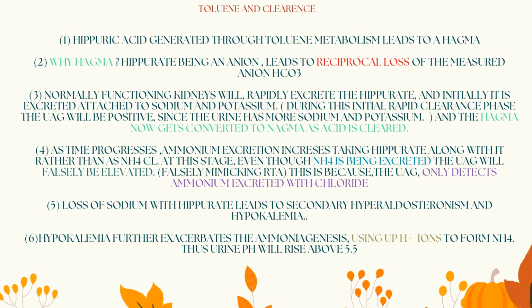Thus, the urine pH will rise above 5.5. Later on we would be seeing the difference between toluene and various other RTAs, and this hypokalemia and the urine pH would come up then. Please remember these particular points as to why hypokalemia and high urine pH are features of toluene intoxication.